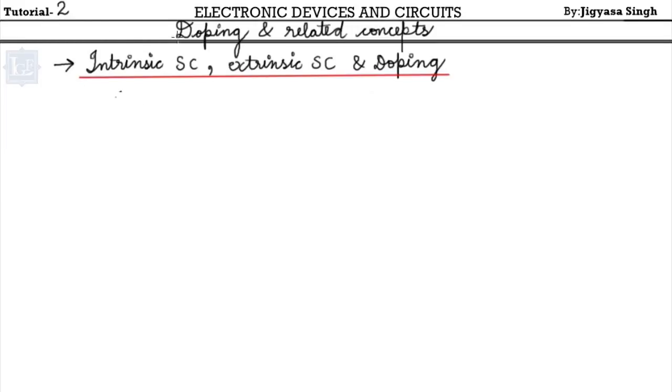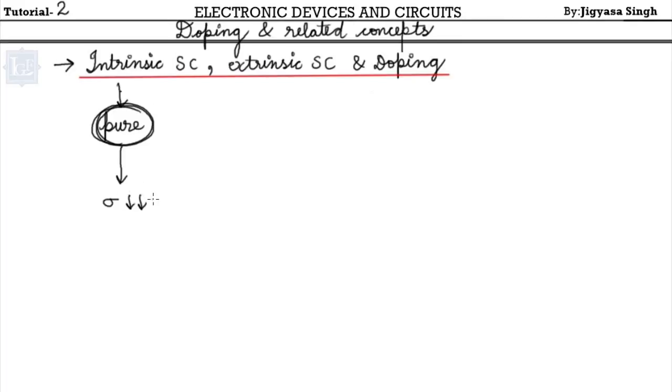So what is intrinsic semiconductor? You just have to remember one word, that is pure. What is intrinsic? Pure. So this intrinsic semiconductor was very pure and the conductivity was less for this.